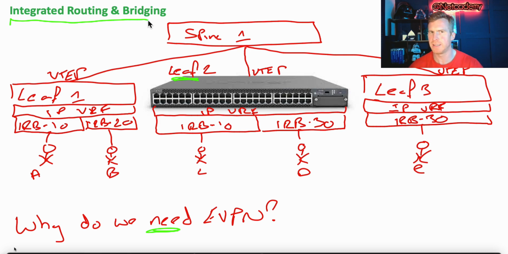So why do we need EVPN? The short answer is you're not going to have all users, all tenants, all servers, etc. connected to the same leaf device, to the same access switch, for obvious reasons. So users, tenants and servers are going to be dispersed throughout the network. And EVPN is, at the end of the day, a very good signaling protocol.